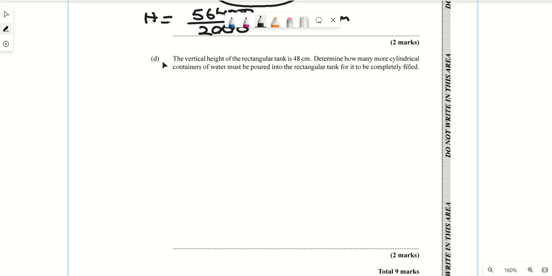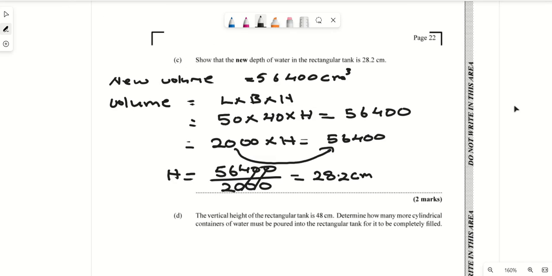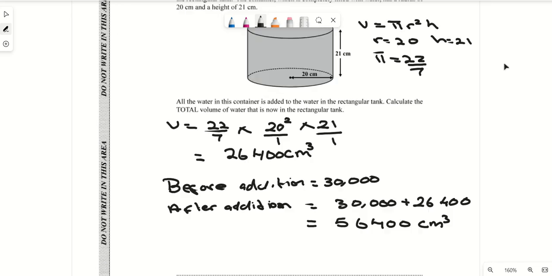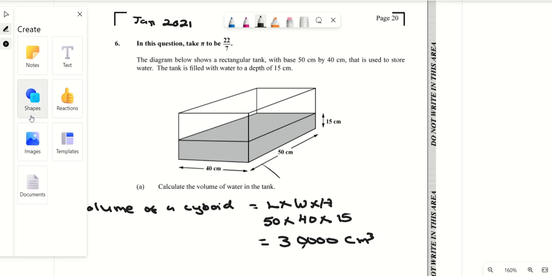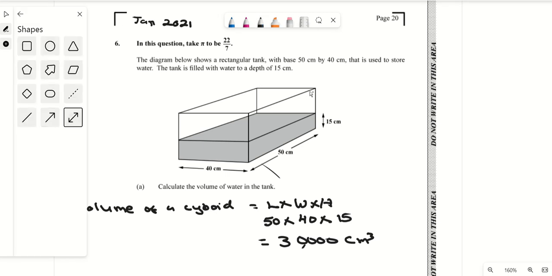Part D: the vertical height of the rectangular tank is 48. Determine how many cylindrical containers of water must be poured into the rectangular tank for it to be completely filled. If you look back at this shape, they told you that from here to here is actually 48 centimeters. So that height is 48 centimeters.